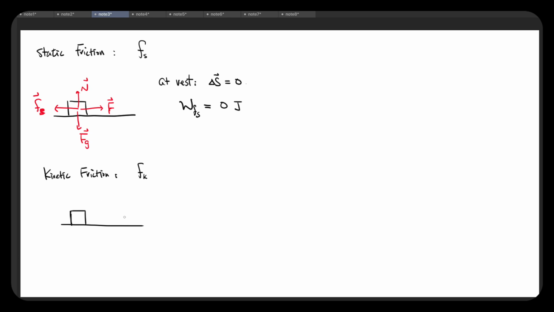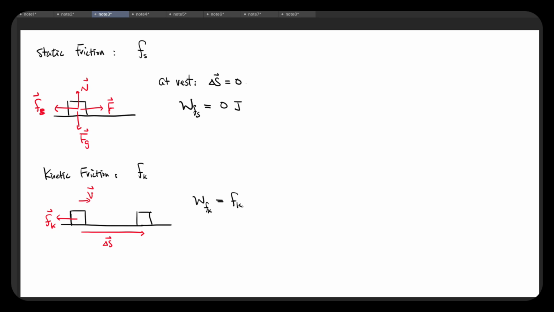Now let's say this object makes some displacement delta s along this way, and the velocity of the object is this way. Therefore, the kinetic friction is opposite, so Fk is backward, right? It's this way.